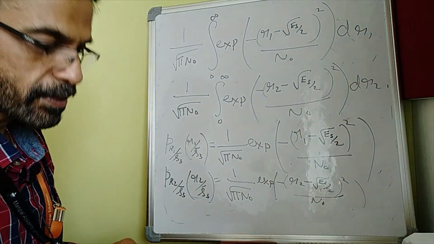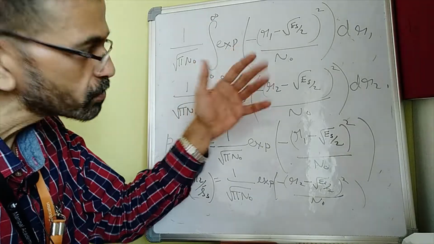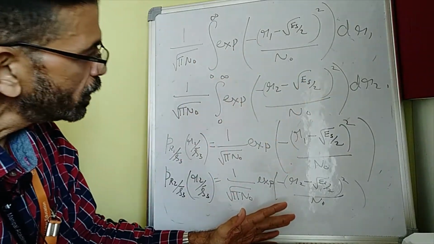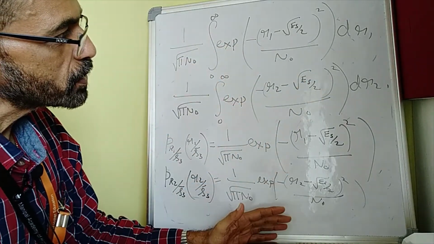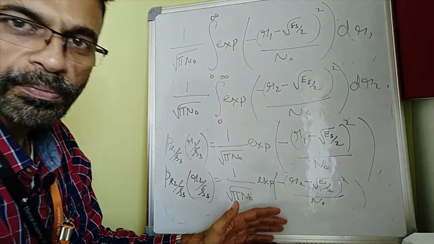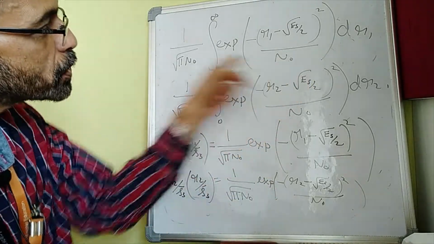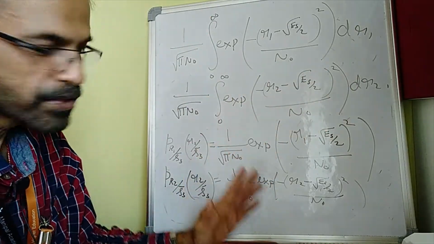And you can see that since R1 and R2 are just dummy variables, variables of integration, this result will be the same because the distributions are identical. So if you evaluate one, that is enough. The result will be the same as this.